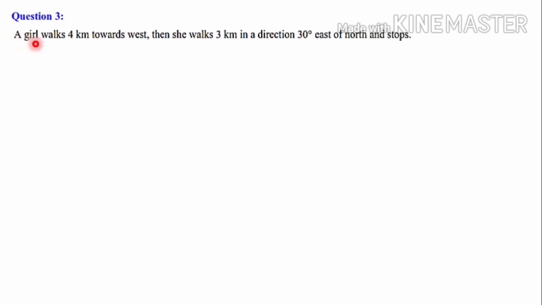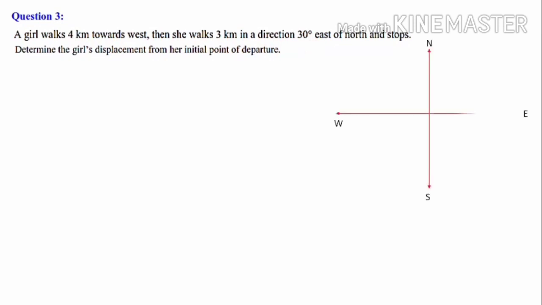Next we shall discuss question number 3. The question is: a girl walks 4 km towards west, then she walks 3 km in a direction 30 degrees east of north and stops. Determine the girl's displacement from her initial point of departure. Here certain conditions are given to you. We have to go through the conditions and visualize the question. Here 4 directions are marked: north, south, east, west.